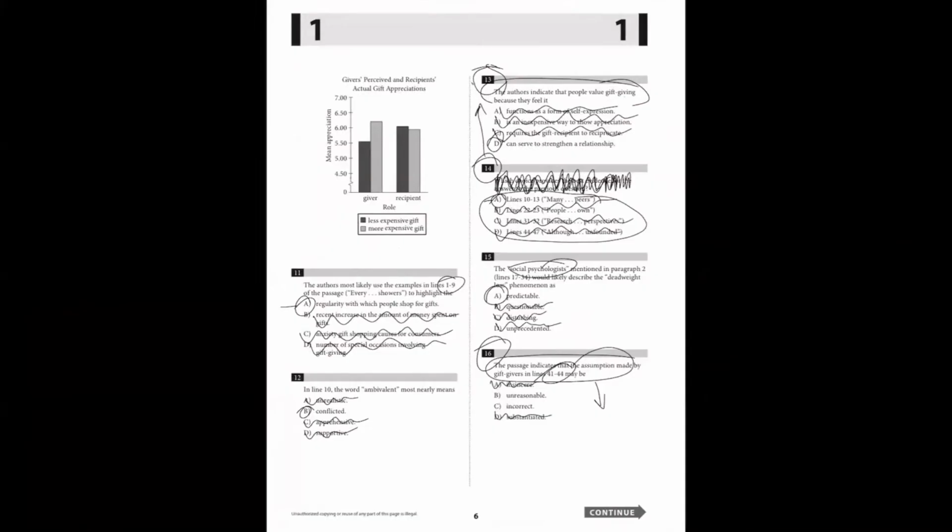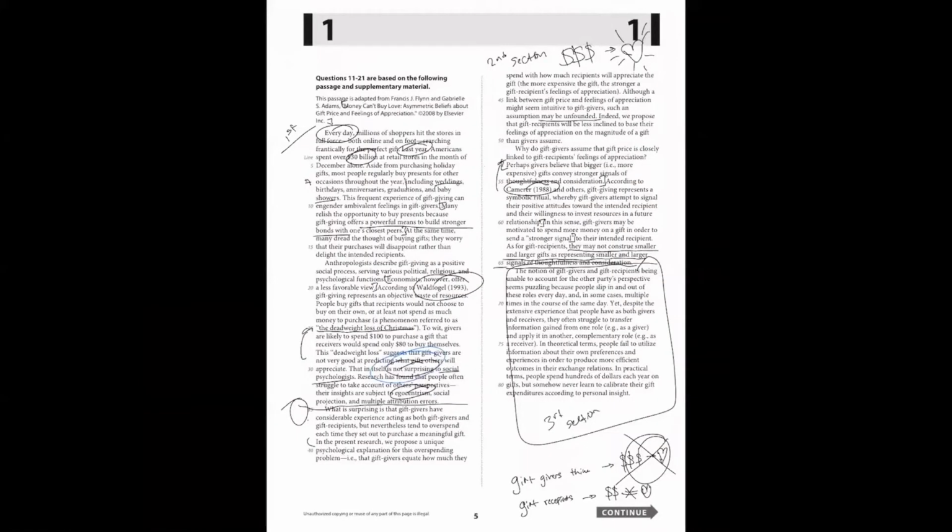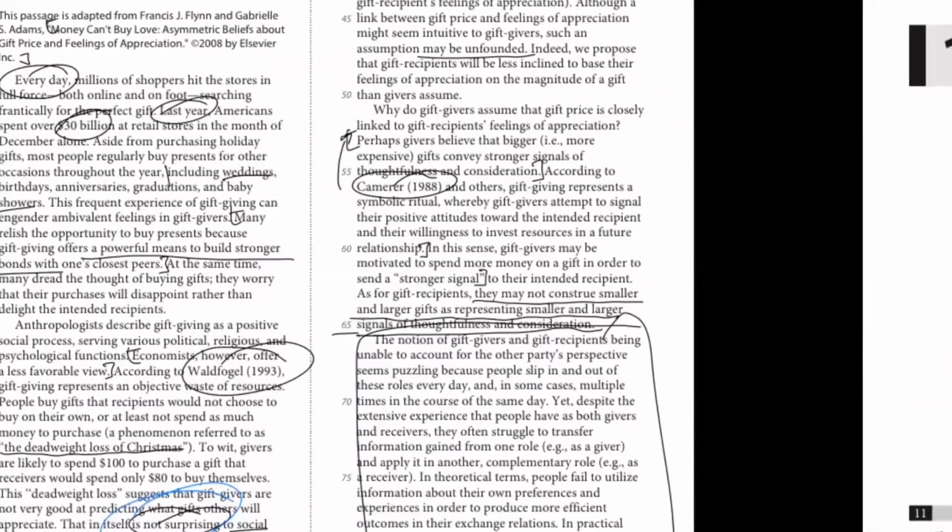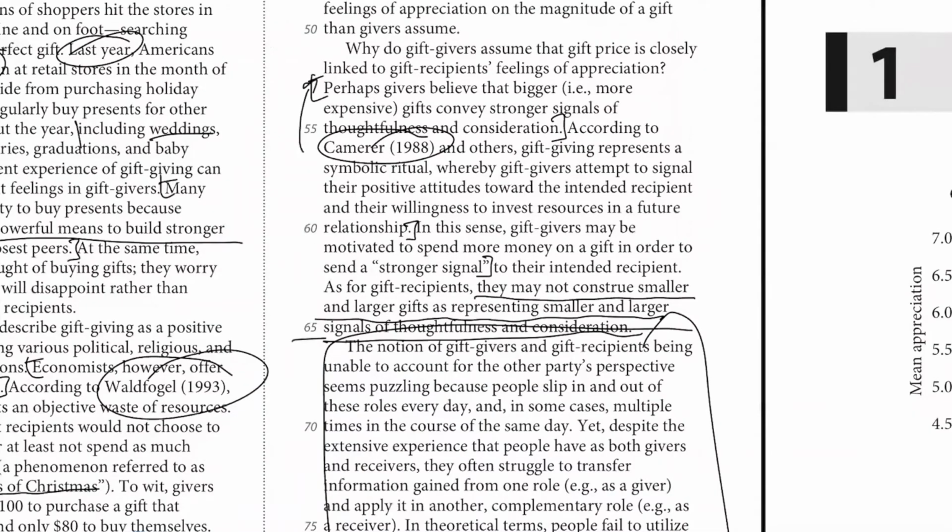So why is it not unreasonable? Why is it not unreasonable? The reason is that here it doesn't blatantly say it's unreasonable. If anything, the evidence to the contrary says that it is reasonable, right?